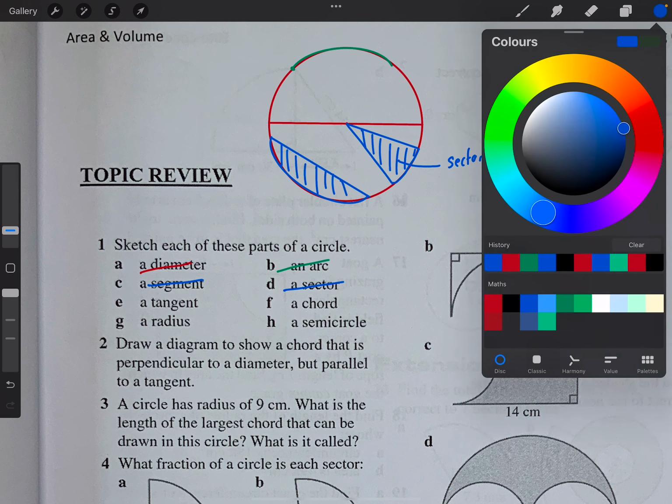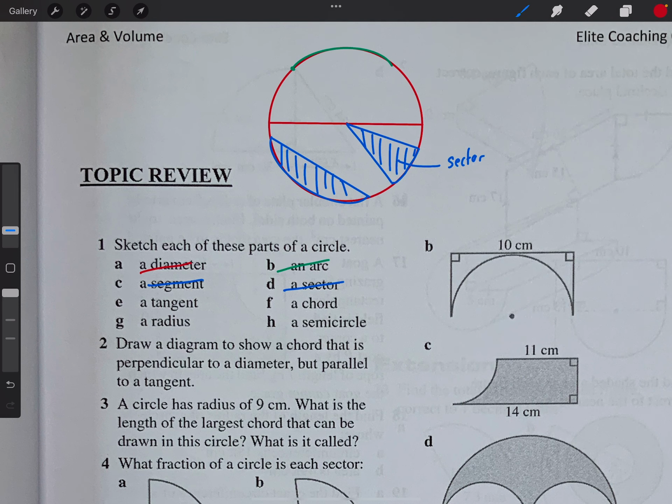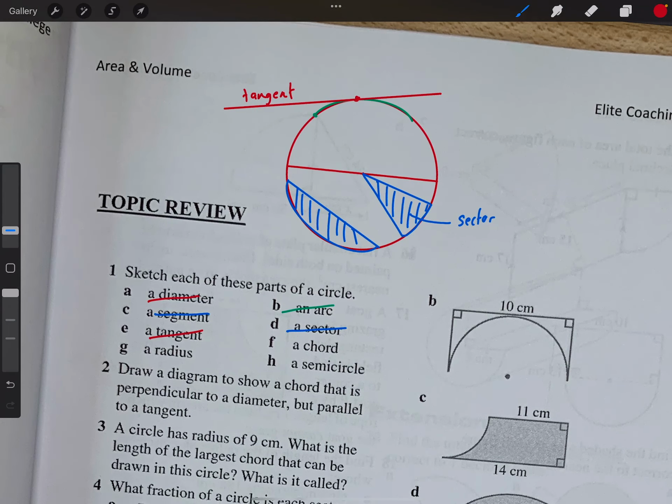A tangent. Tangent is just a line that goes on the outside, and it just touches the part of the circle at one point. That's a tangent. A chord. Okay, a chord is a line.